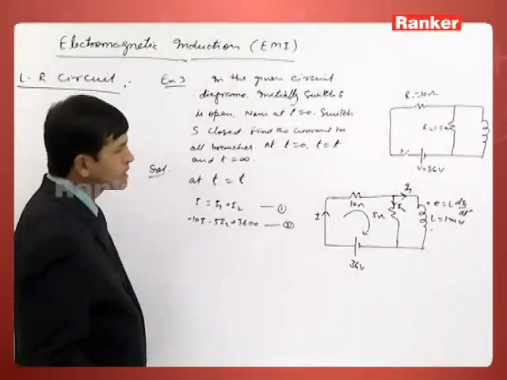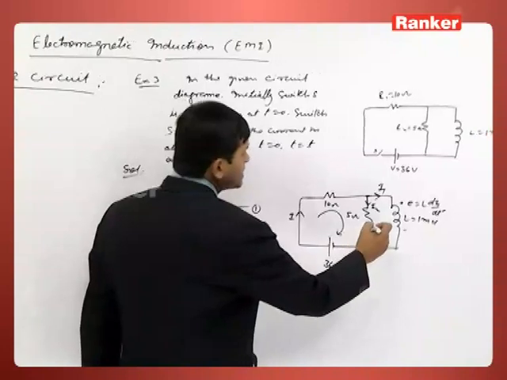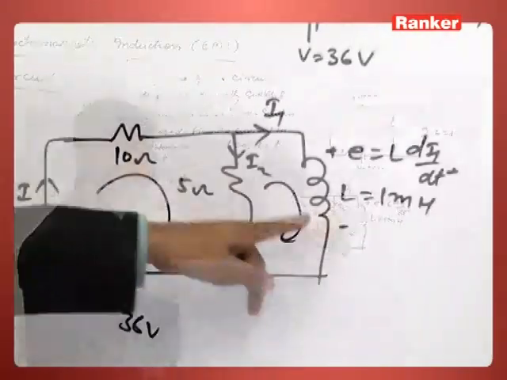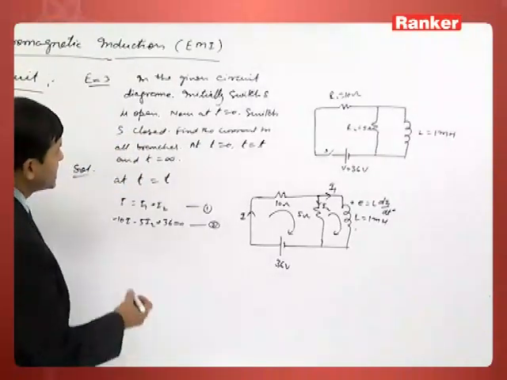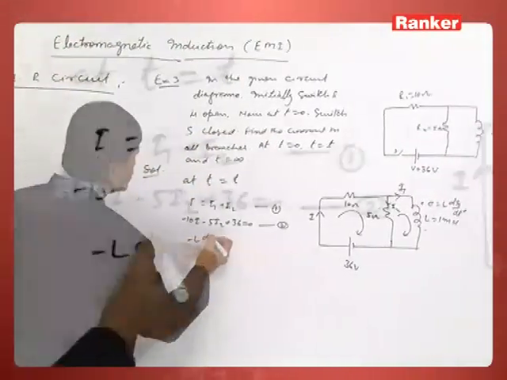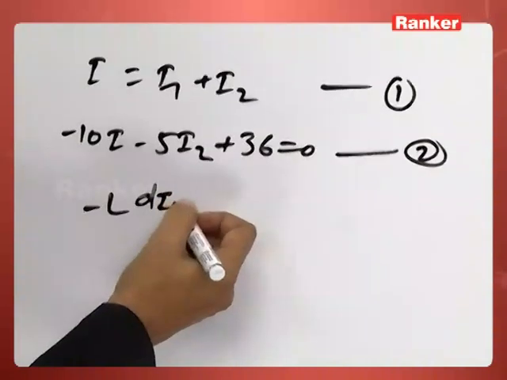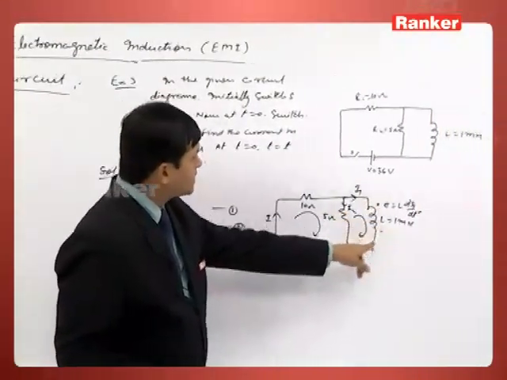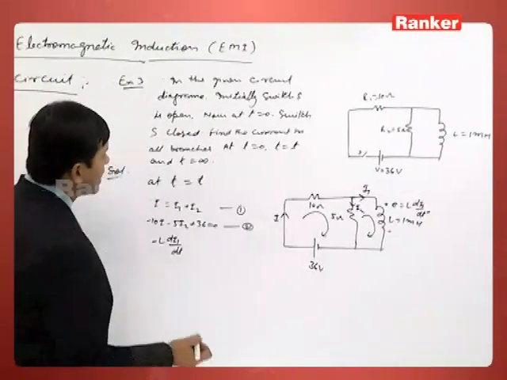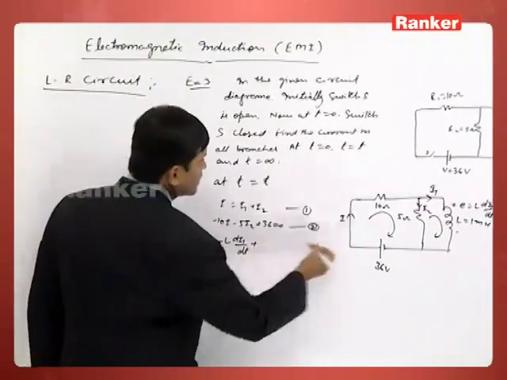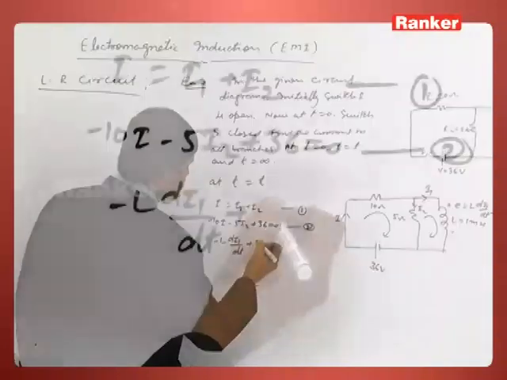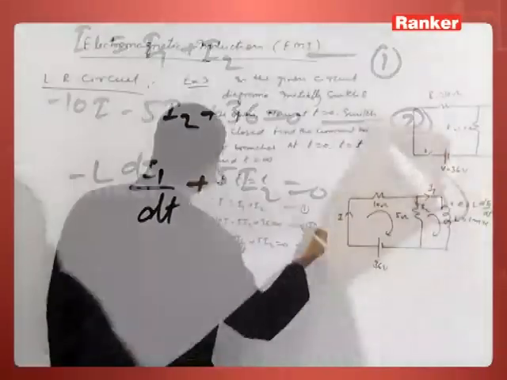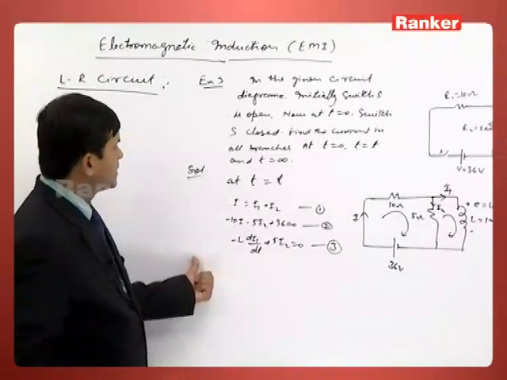This is your second equation, and here we can get a third equation: minus L di1 by dt plus 5I2 equal to 0. Now these three equations we can solve.